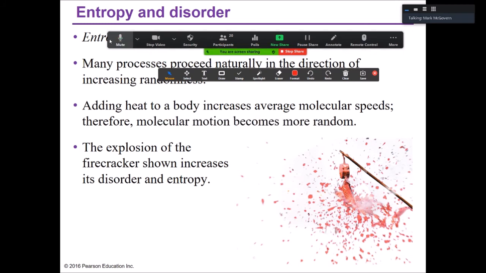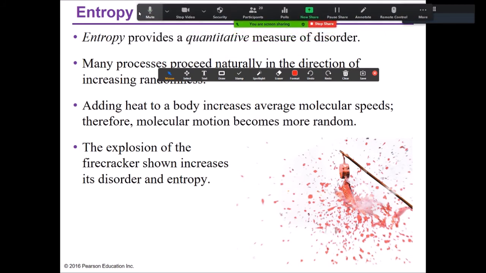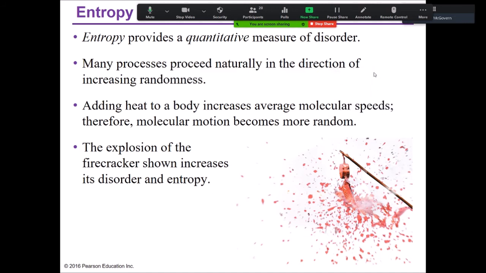All right, so we've been hinting at a lot of things when we talk about the second law of thermodynamics.